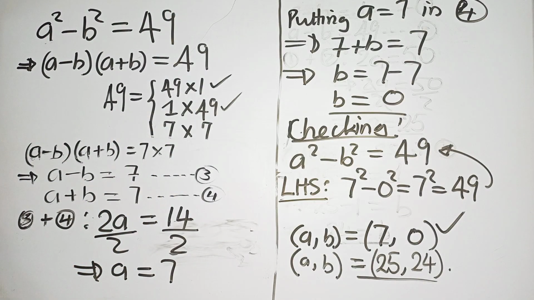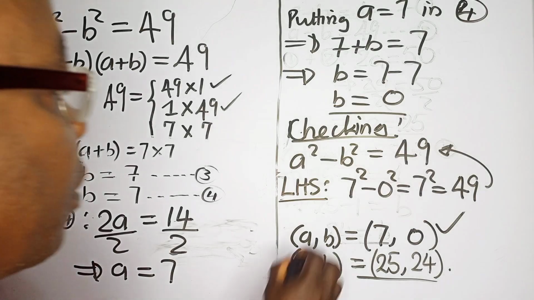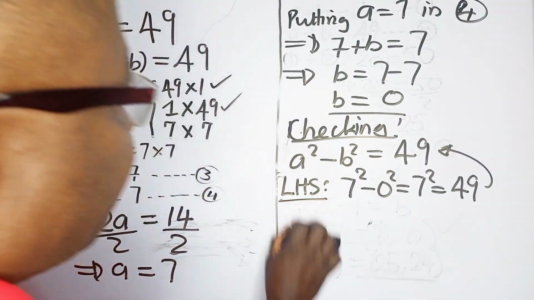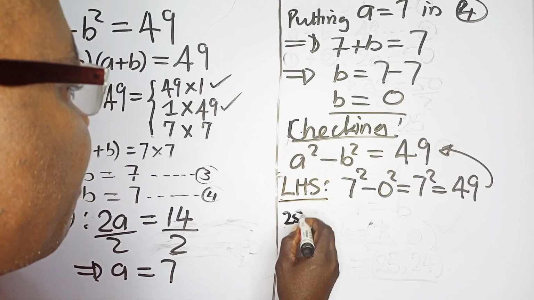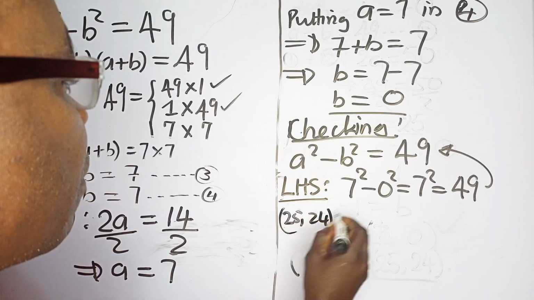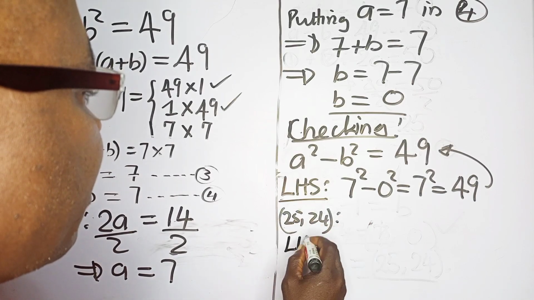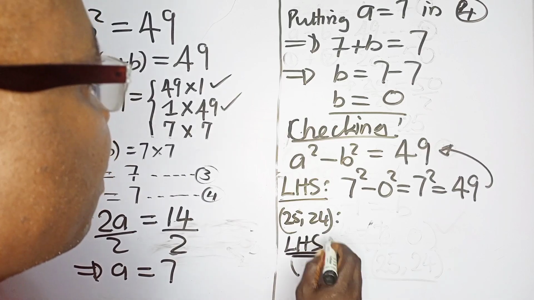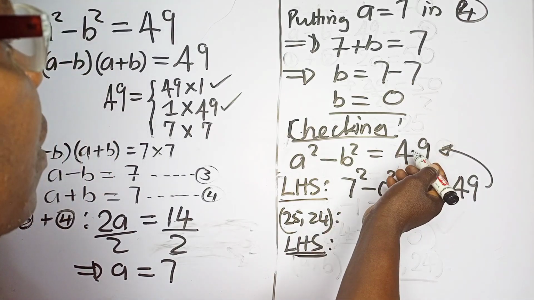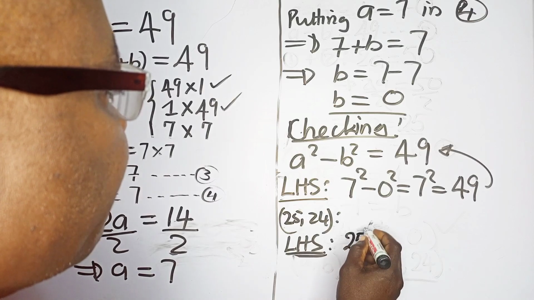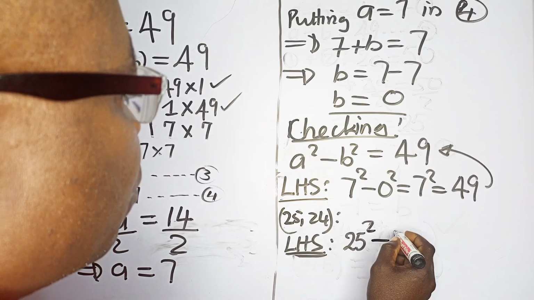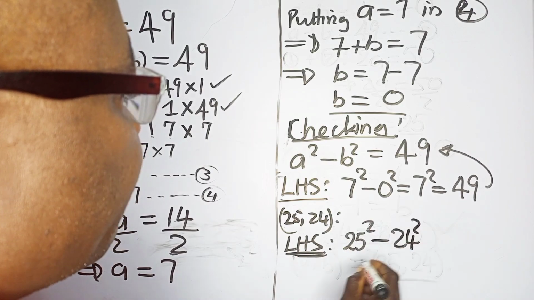Now, what about the other solution? The solution 25, 24. Let's take the left hand side to see if we'll obtain the right hand side. A is 25, so we'll have 25 squared. B is 24, 24 squared.